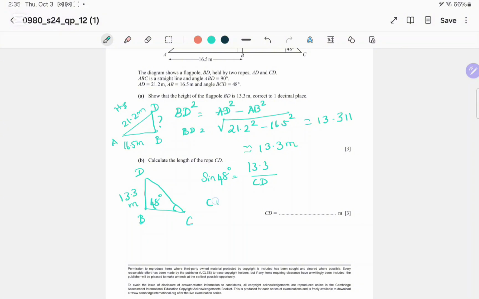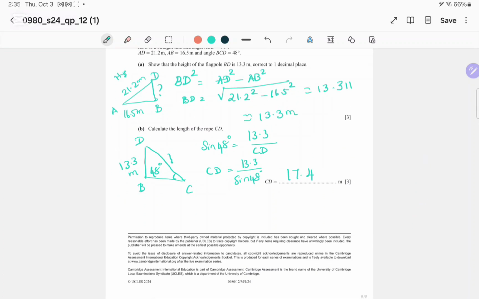So cross multiplying, CD will move up. 13.3 divided by sine 48 is equal to 17.4 meters. This is the answer. We have to find this part. Okay. That's all for this end of the paper. We will communicate in the next paper.